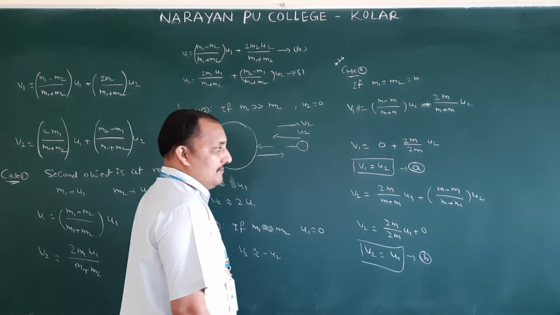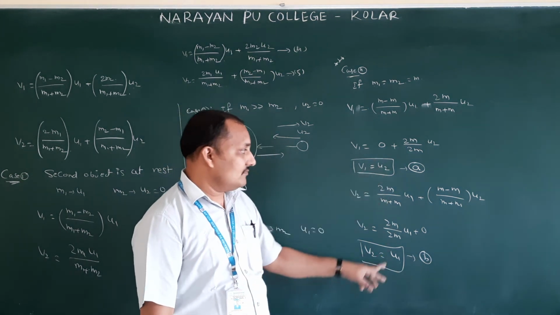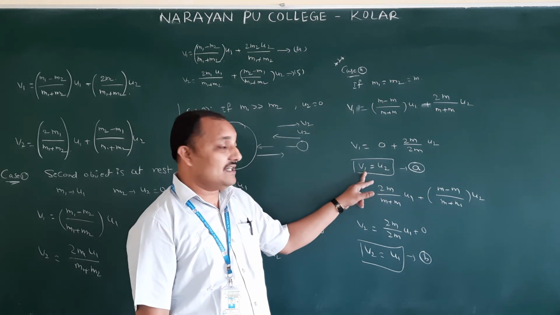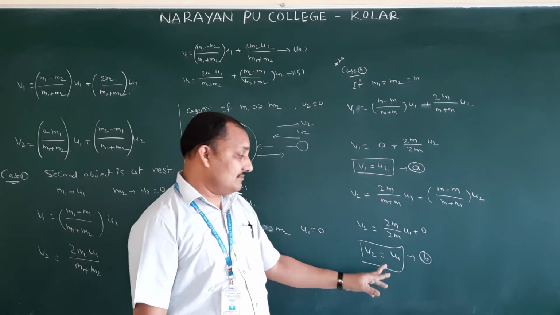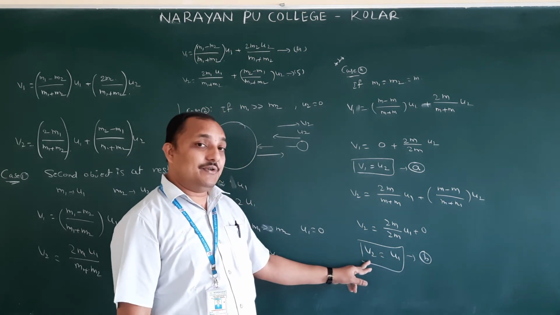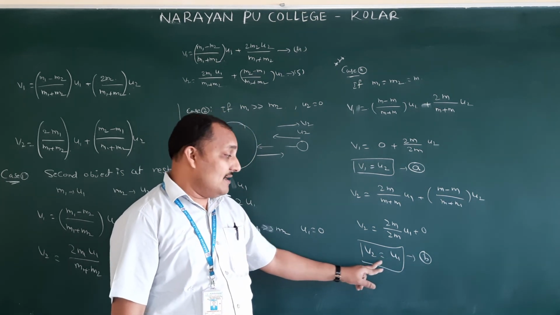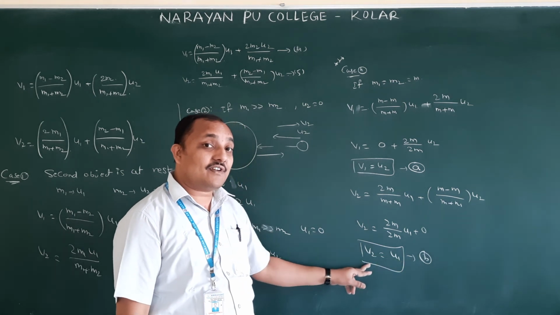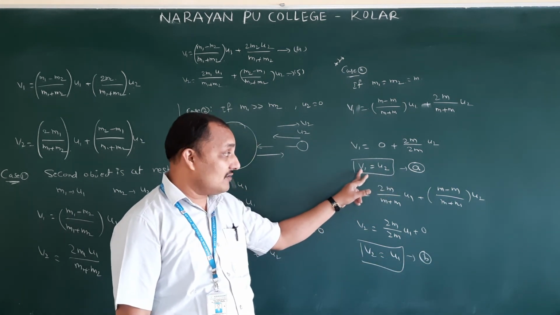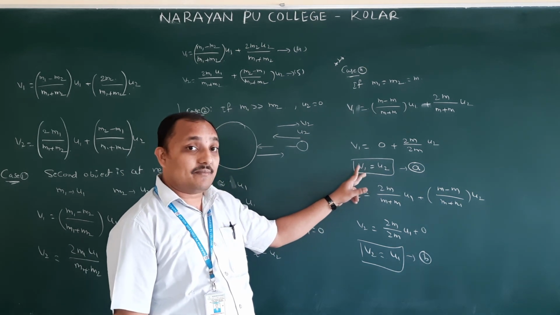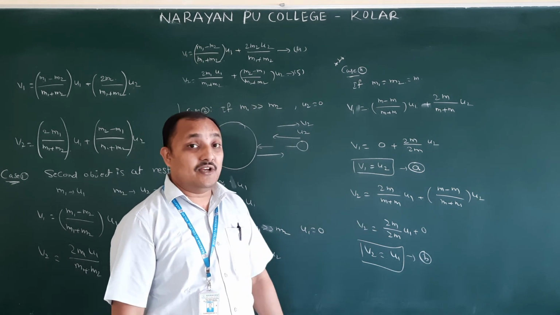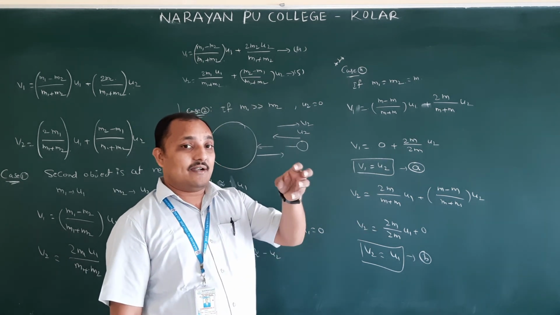See b. By seeing a and b, u2 is the velocity of the second object before collision, v1 is the velocity of the first object after collision, u1 is the velocity of the first object before collision, and v2 is the velocity of the second object after. The velocity of the first object goes to the second object, and the velocity of the second object goes to the first object. They are exchanging their velocities. You can observe this in a billiards game. The second ball is at rest.